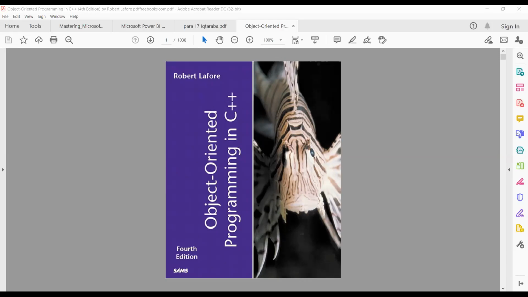So what is the purpose of these translators? These are the three types of translators. The purpose of the translator is to translate one language into another language.